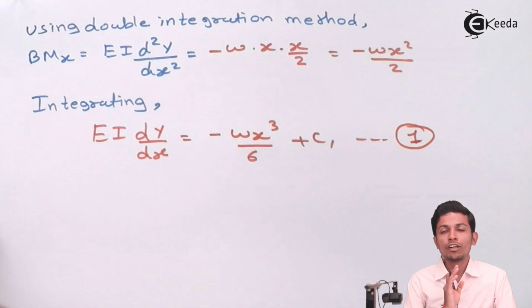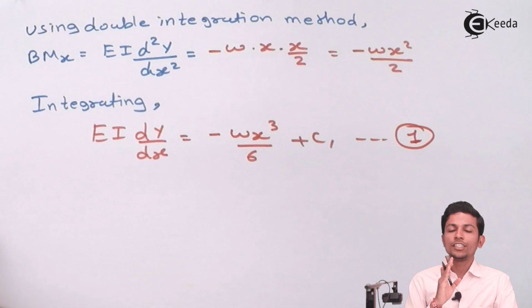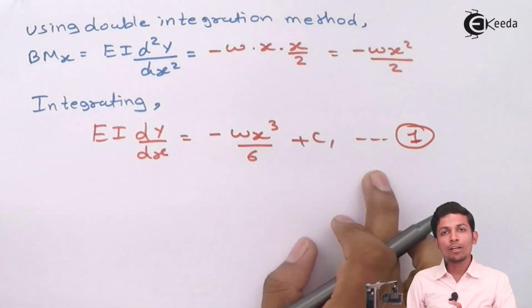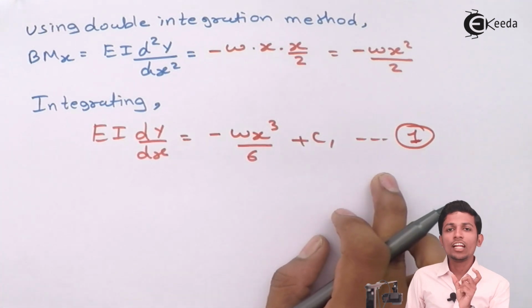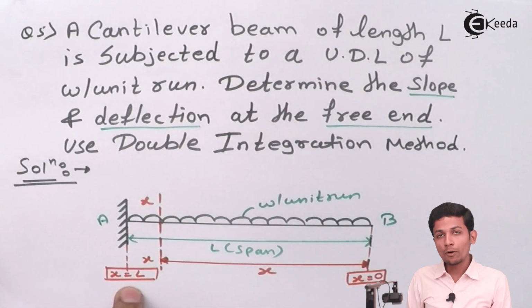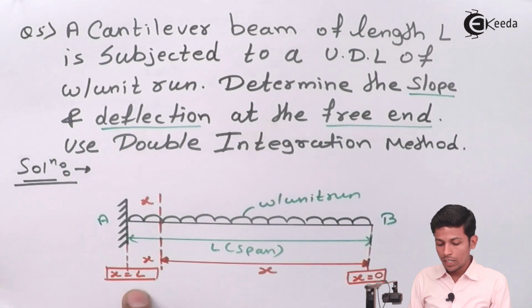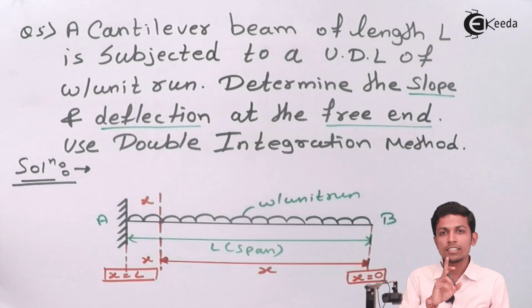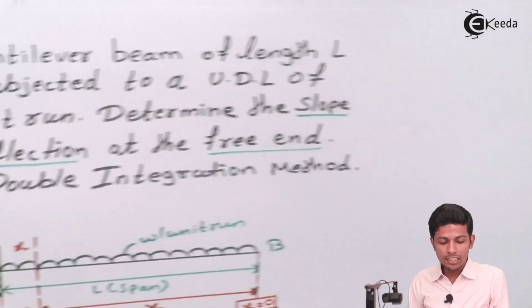Remember one thing: in cantilever type problems, always apply the end conditions one by one. If you are integrating one equation, apply the one boundary condition. In a cantilever we have only one boundary condition, which is x equal to L, where y is equal to 0 and dy by dx is also equal to 0. Please listen carefully: in a cantilever, always do the separate parts.